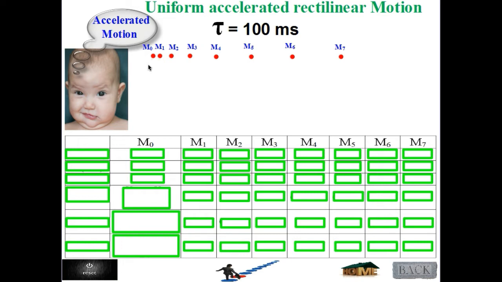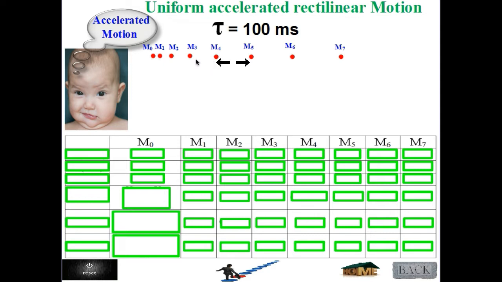How do we know that it's accelerated motion? If you notice the traces, the first traces are very close to each other, the displacement is very small within 1 tau. The two other traces are farther apart with the same tau. The other two traces are even farther, and so on.